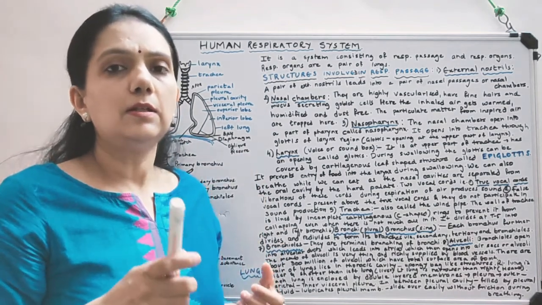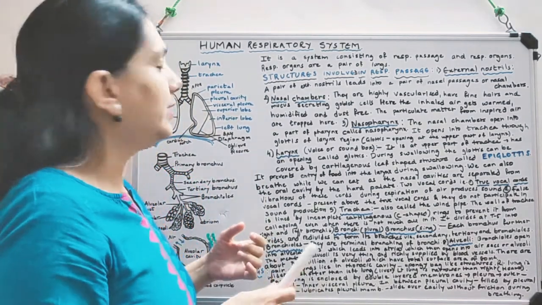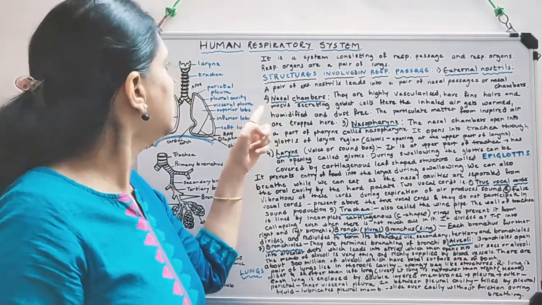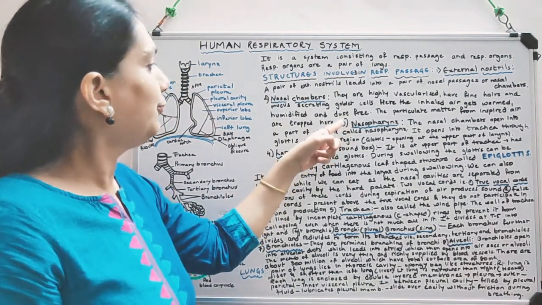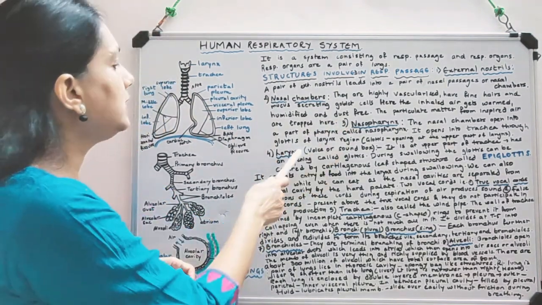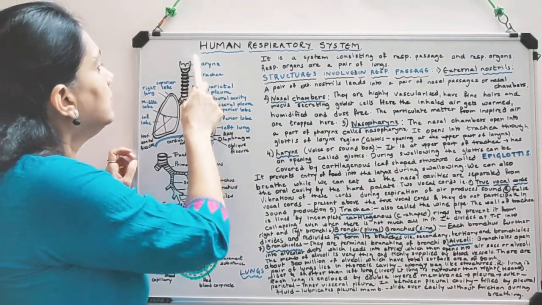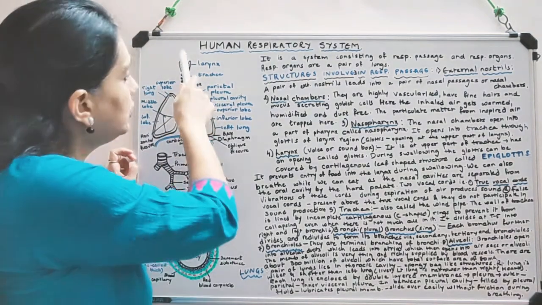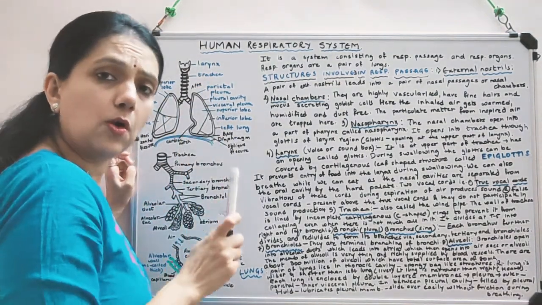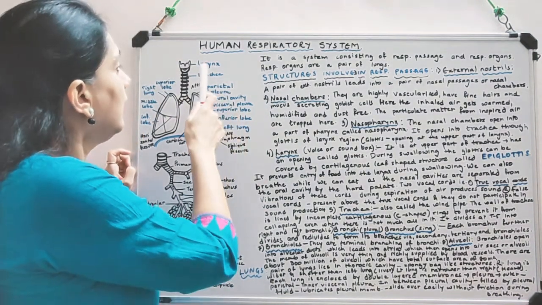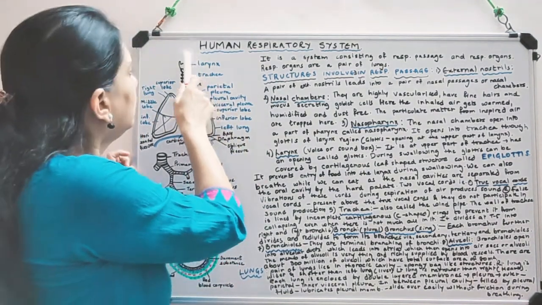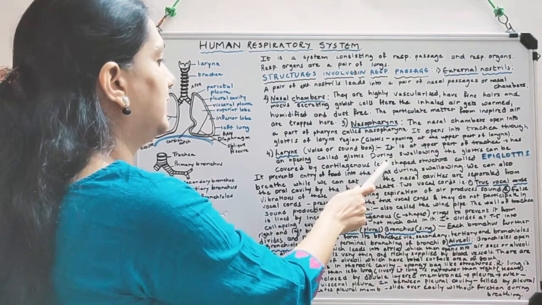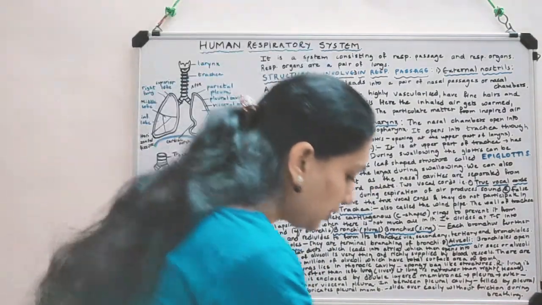So air can enter through the mouth as well as the nose, and then it enters the nasal cavities, then the pharynx, and from the pharynx it joins the larynx, and the larynx will join with the trachea. So the pharynx opens into the trachea through the larynx. The upper part of the larynx is called the glottis. So this is the explanation. Now I should tell you over here.